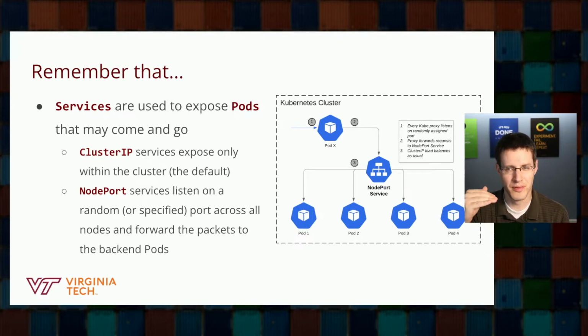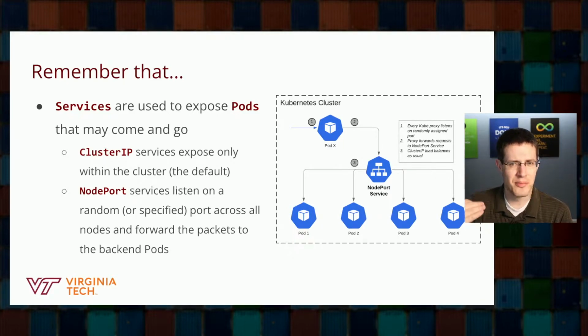ClusterIP is the most basic, which is saying I'm going to expose this pod to other pods within the cluster. We did that anytime we had, for example, a database that we wanted another pod to connect to. We would create a database service that other pods can just connect to, and it would forward the request to the right pod.